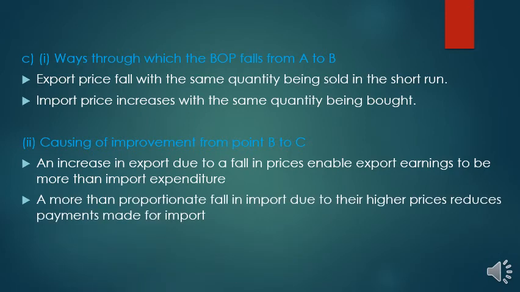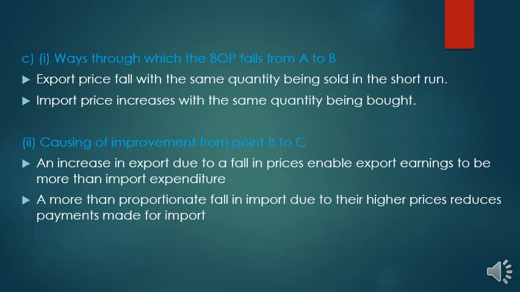So we also talk about a more than proportionate fall in the import due to what? Higher price reduction. A more than proportionate fall in import due to their higher prices reduces payments made for import. Now that after devaluation of currency, import has become expensive. Yes, the price of imported goods has increased. And you know that when prices increase, demand falls.